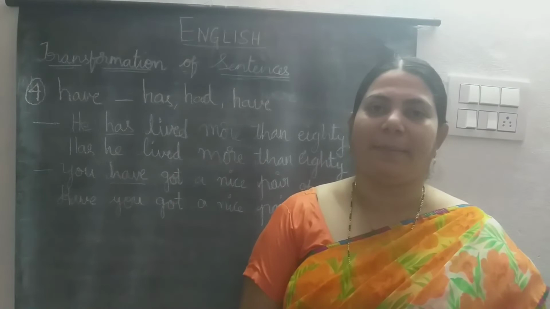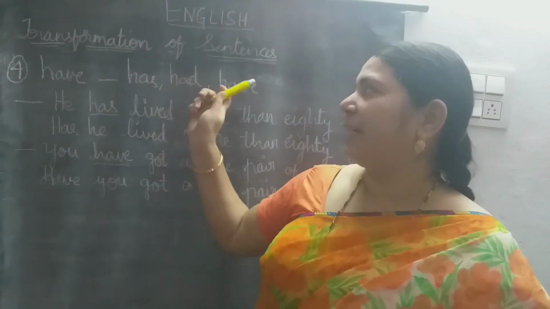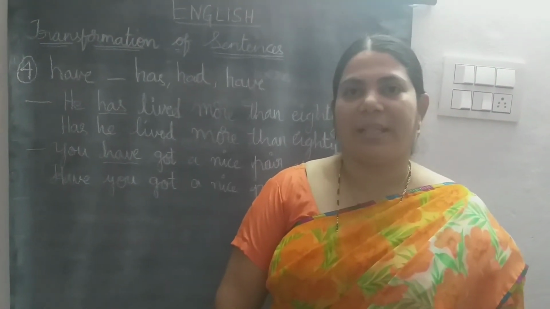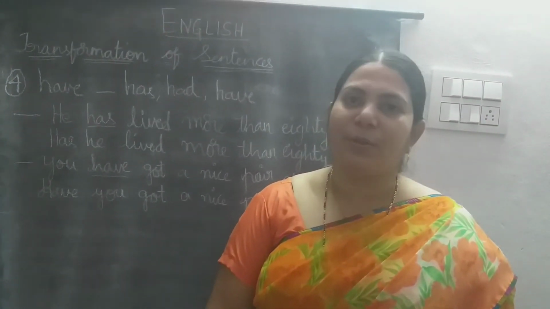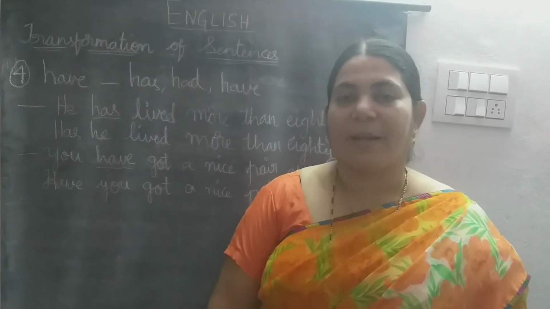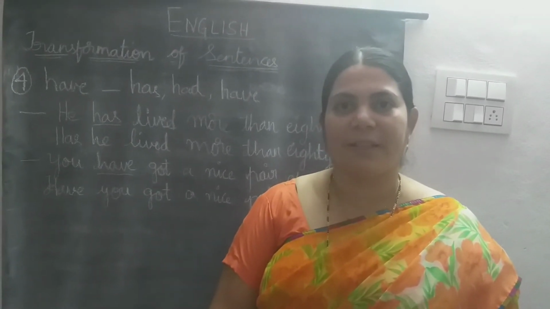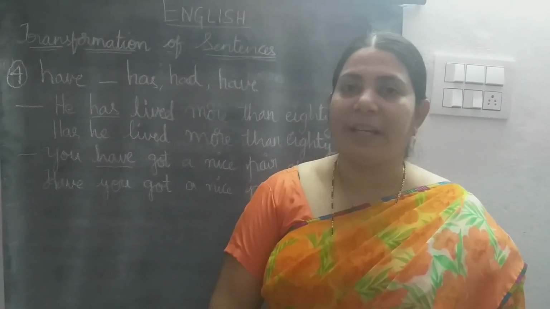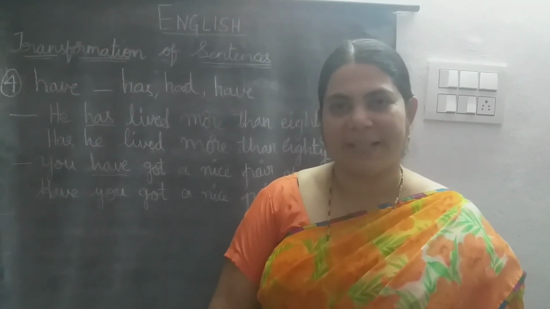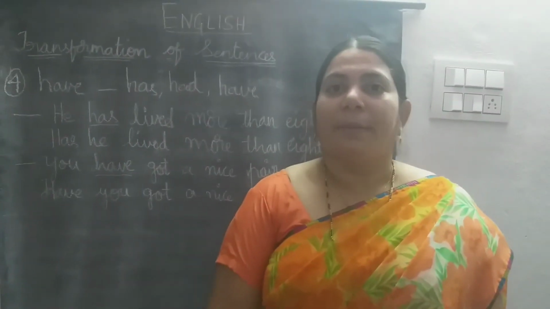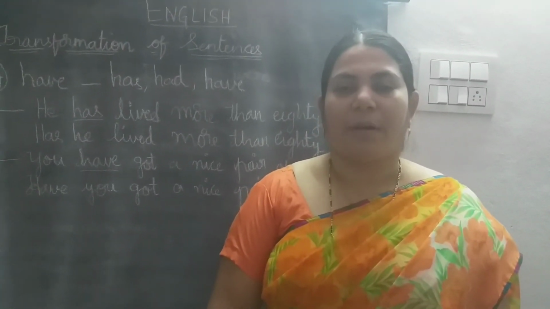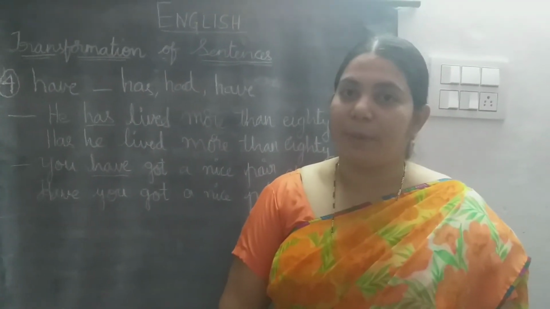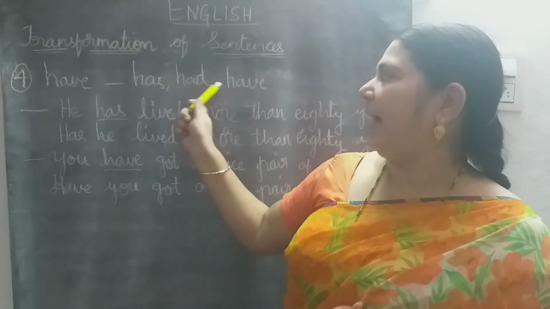Let us quickly recap today's topic, transformation of sentences. In this topic, we discussed how to change declarative sentences into interrogative sentences. By changing the position of the auxiliary verb, we get an interrogative sentence for the given declarative sentence. Right? We have be form verbs is, am, are, were, and we also have modal auxiliary verbs and has, had, have.